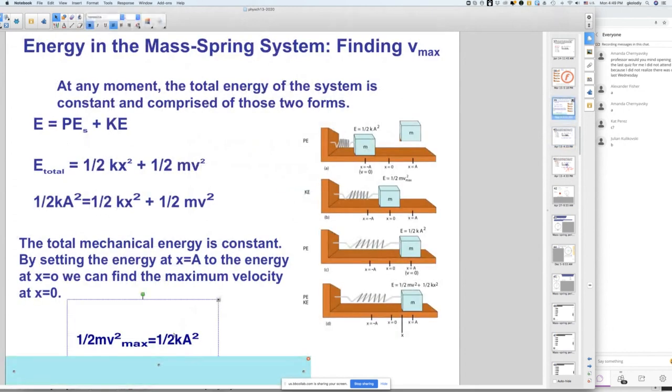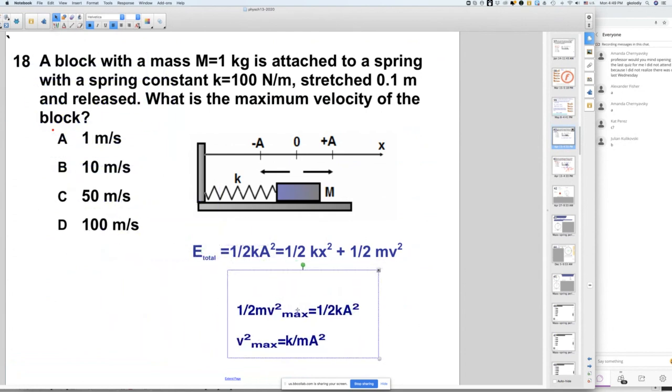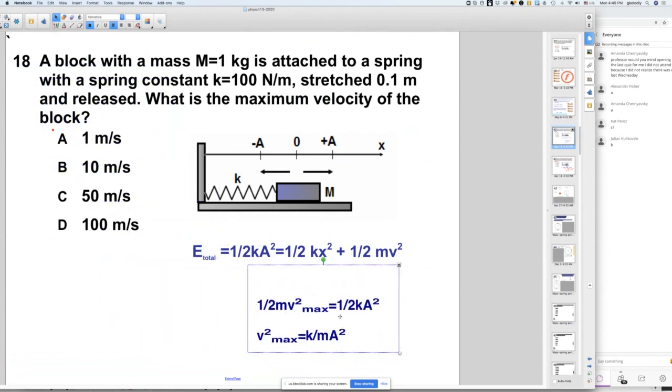Well, we are going to use this equation. In solving this equation, you can just solve it, or you can write the whole thing down.